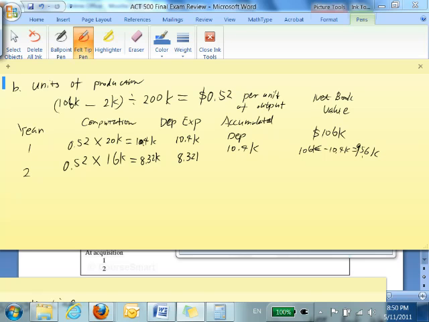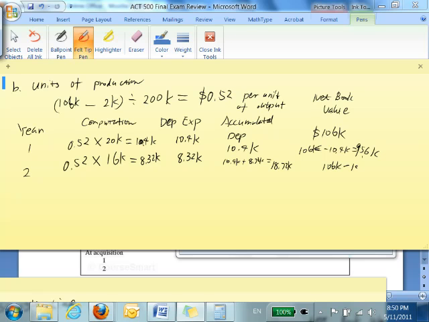Depreciation expense in year 2 is 8,320. Accumulated depreciation is 10.4K plus 8.32K, and we get 18.72K.